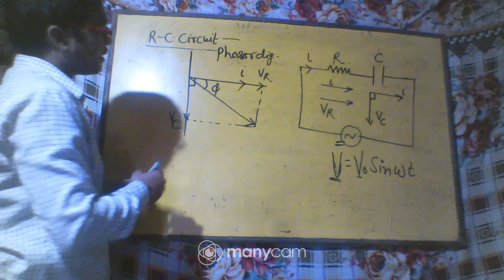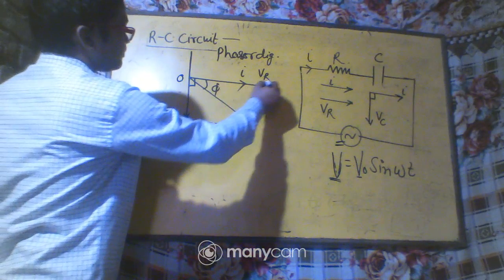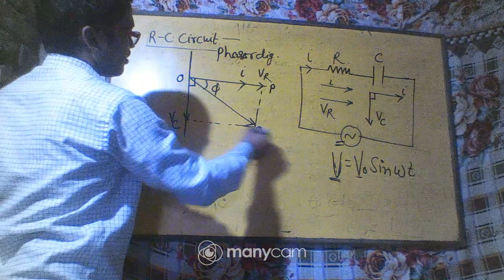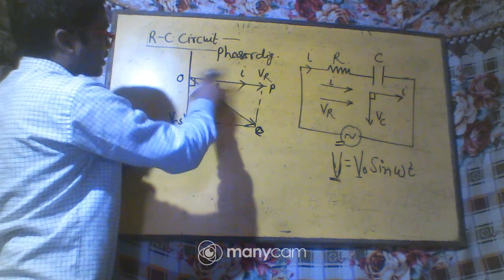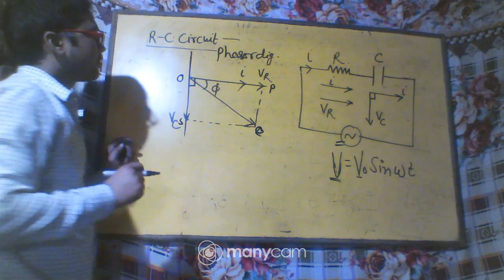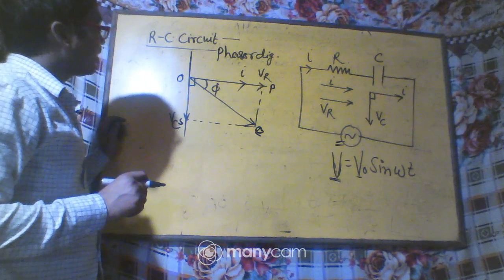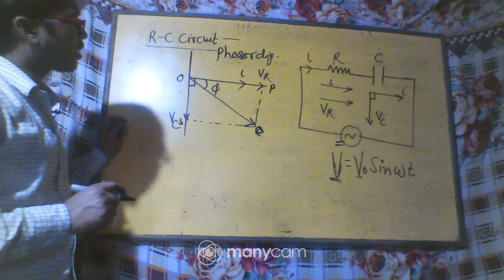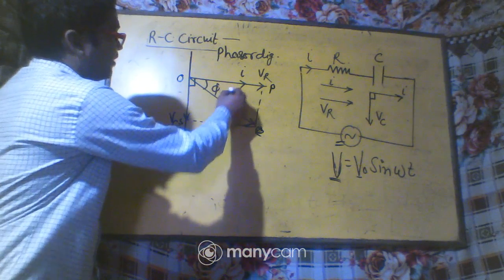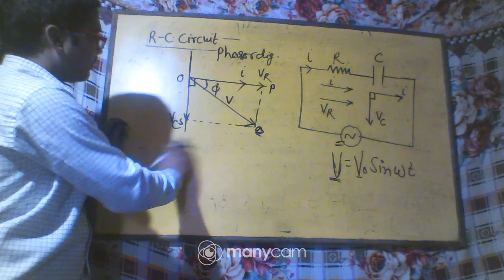Okay, so the net voltage of this circuit is given by the vector OQ. You can see these two vectors are perpendicular to each other, so you can find the net value of these two vectors by the parallelogram law of vectors. So this one is the net phi.